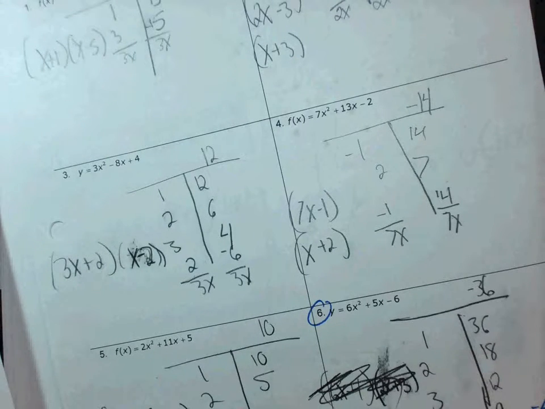What are my choices? 1 and 10 or 2 times 5. Then remember that the negative tells us we're subtracting and we want it to be 3. So what's 10 minus 1? Don't want that. What's 5 minus 2? 3. You also could do 2 minus 5, but that'd give you negative 3, so you don't want that.